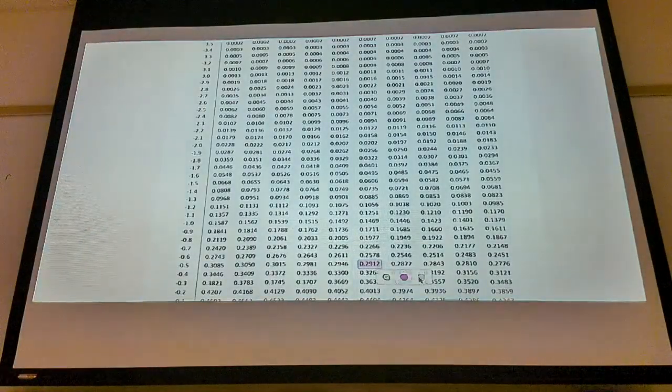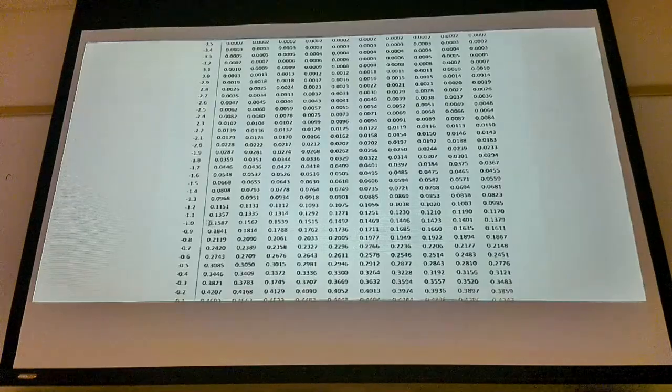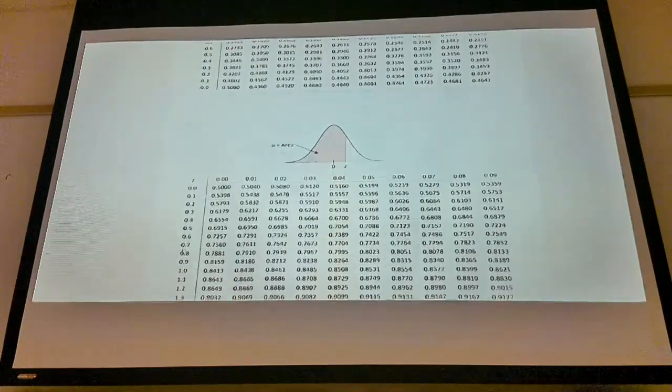Negative 1.00, 0.1587. You see that? And then 1.00, 0.8413.